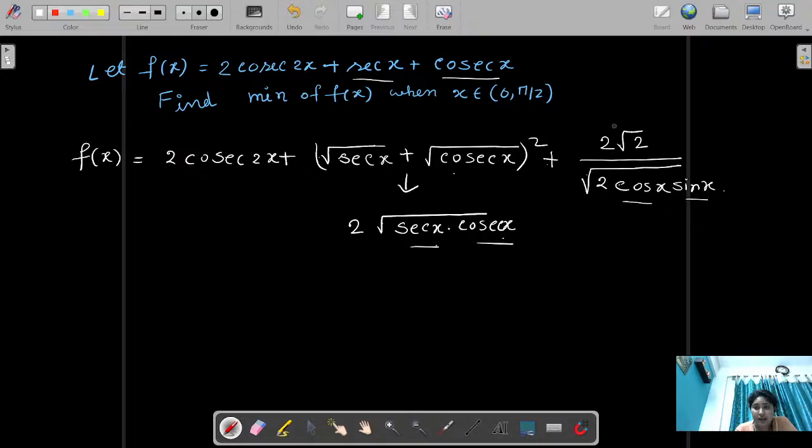And see, I have balanced this root 2 with this root 2, and this 2 I am getting by the formula.